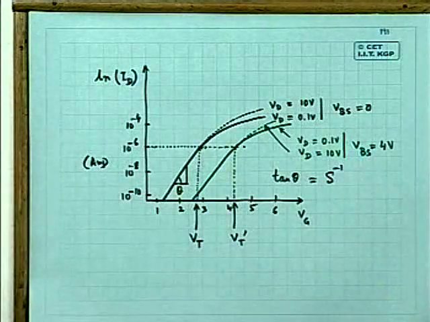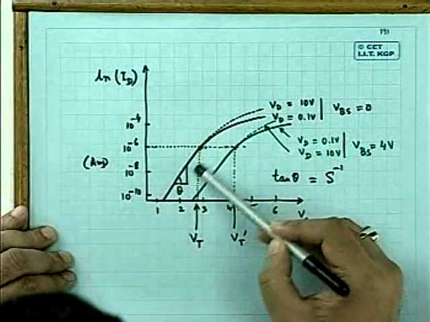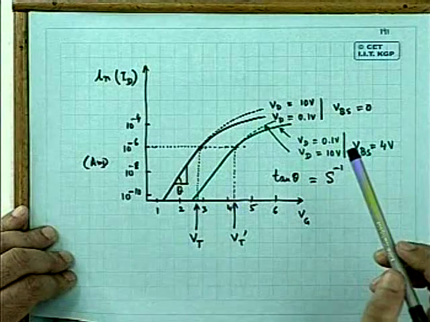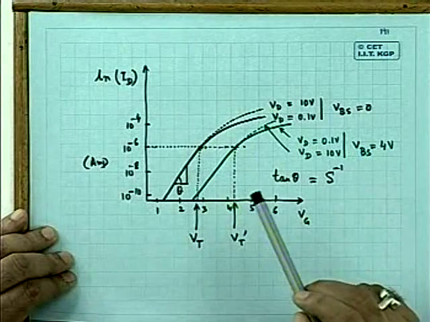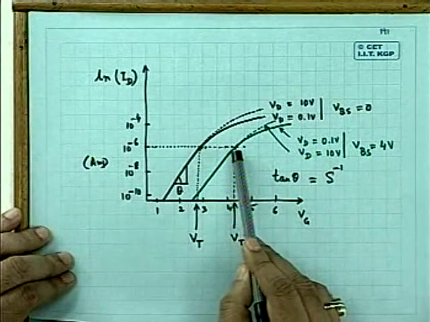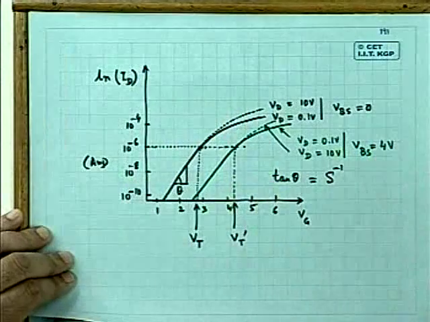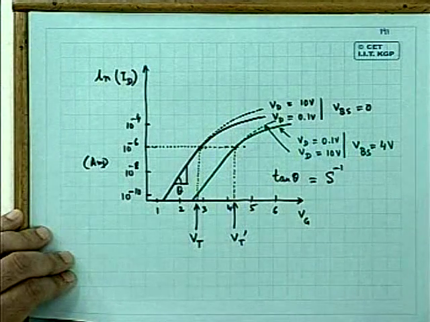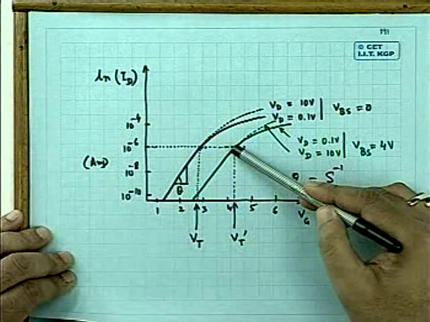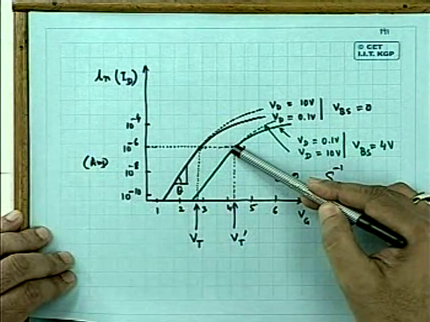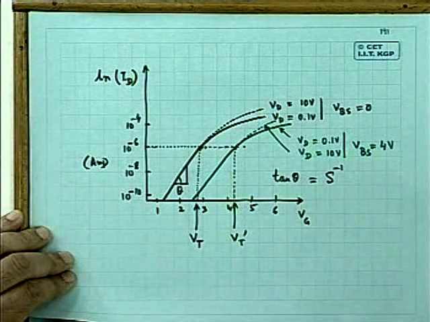It is not indicated here, it is for a long channel device. Also if you repeat the experiment with substrate bias, this curve moves to the right, and that is what is expected. The body effect or substrate bias effect enhances the value of the threshold voltage. That is clearly indicated here.